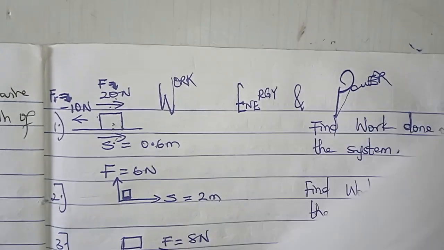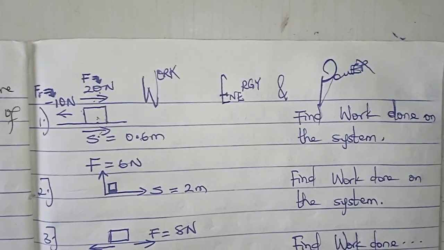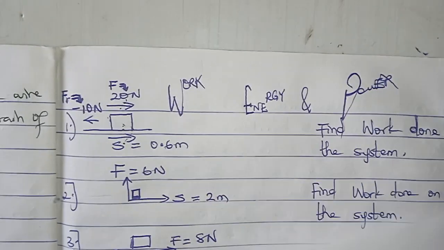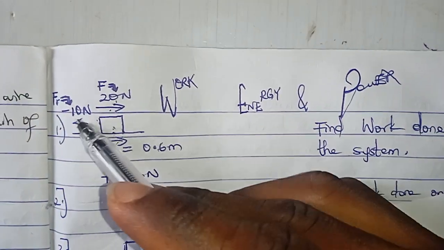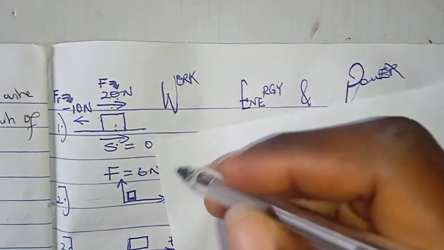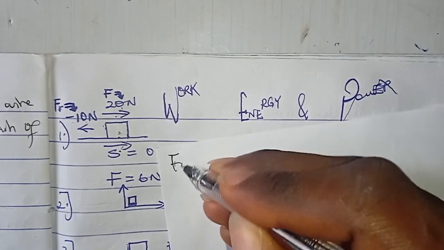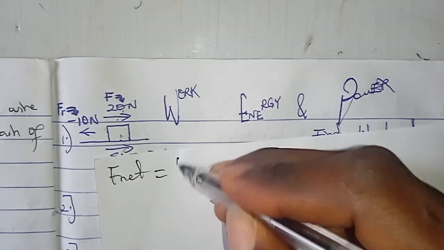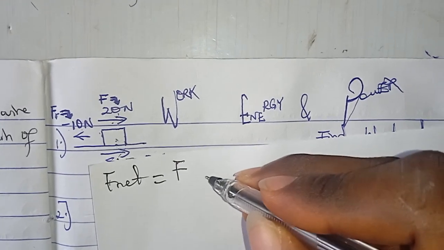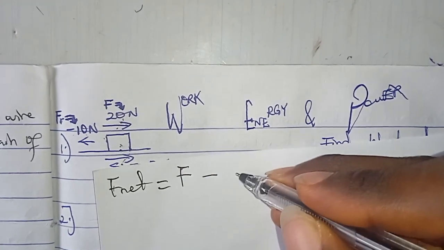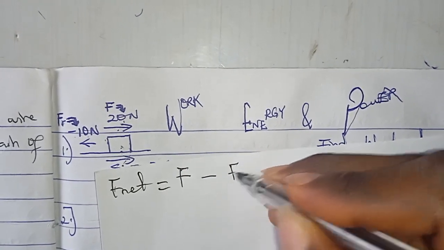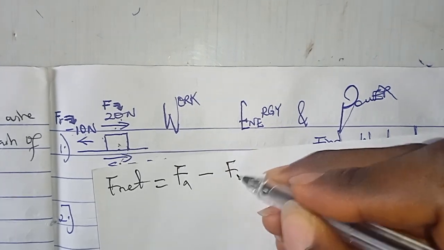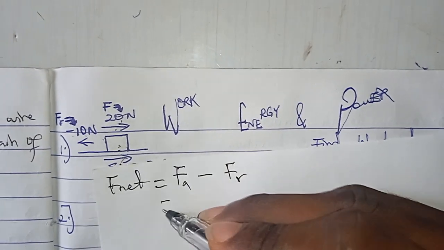So to solve this question, the total force there, F net, will simply be, applying Newton's third law, forward force minus backward force, that is action force minus reaction force. So that's the total force there.